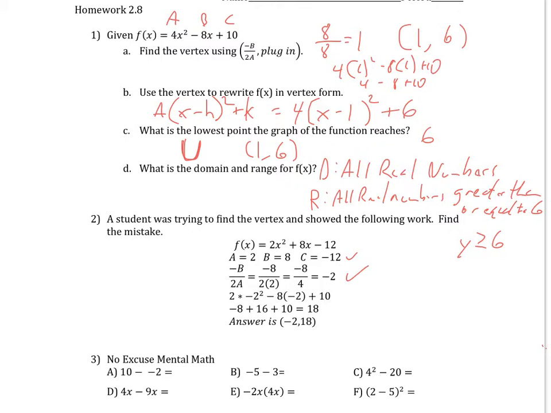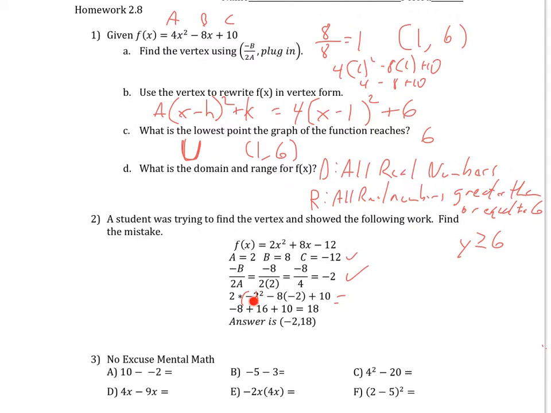So after you find that number, we go and plug it in. So this is their attempt at plugging it in, and you may notice the issue is right here. They forgot to put parentheses when they plugged in that negative 2 into the squared spot. So if I was to correct that math, right here, 2 times negative 2 squared does not make negative 8.